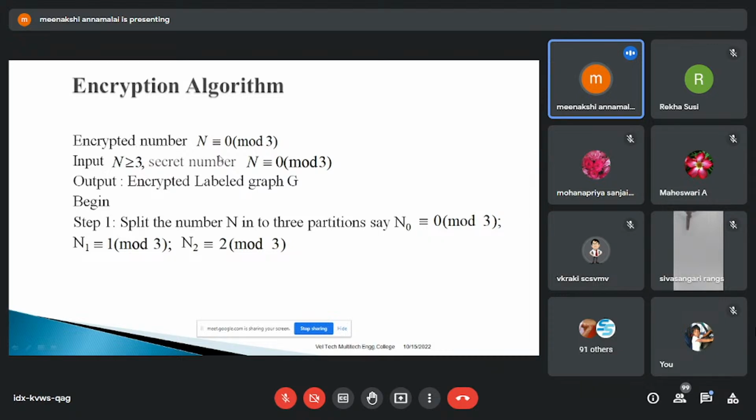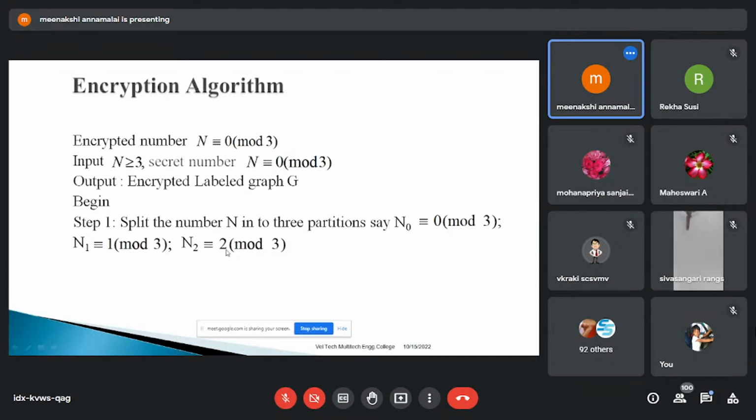The first partition is named N0, which is congruent to 0 mod 3, N1 which is congruent to 1 mod 3, and N2 which is congruent to 2 mod 3. According to that, I split it. Now what do I have to do?